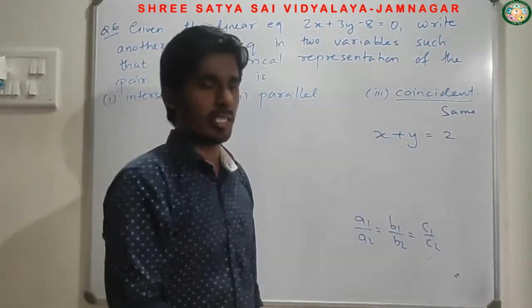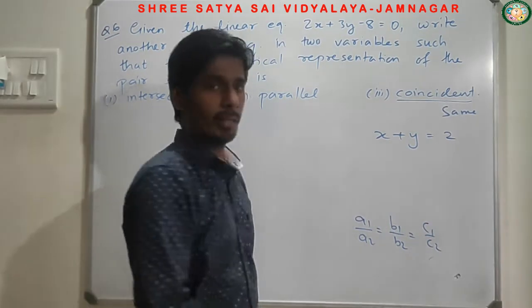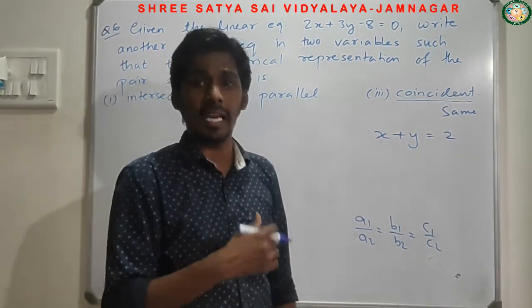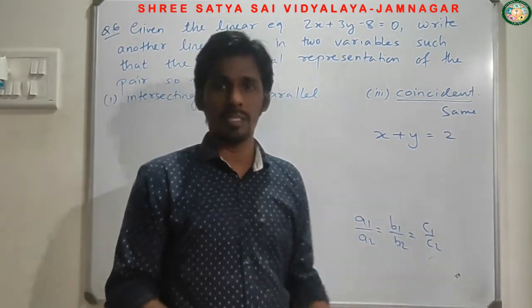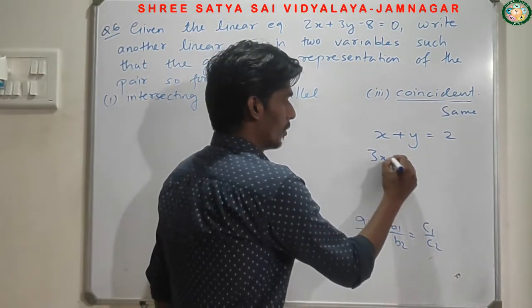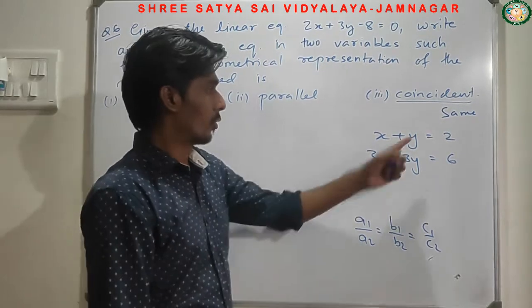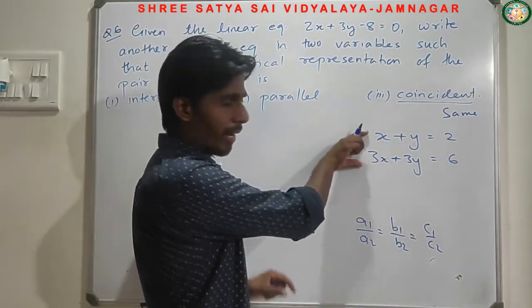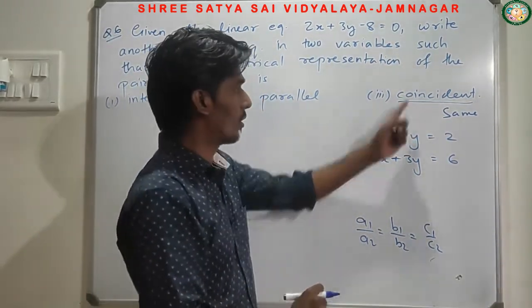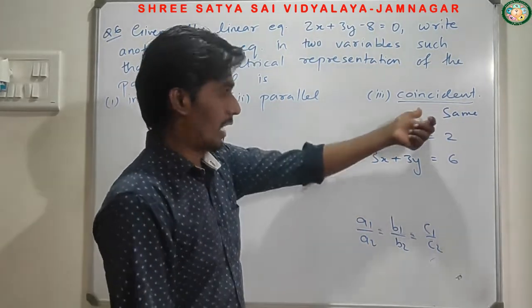So multiply this equation by the same number. I'm going to multiply it by 3, or 2, or 4, any number. पूरे इक्वेशन को सेम नंबर से मल्टीप्लाई कर दो. So we can write 3x plus 3y equals 6. तो ये क्या हो गया?